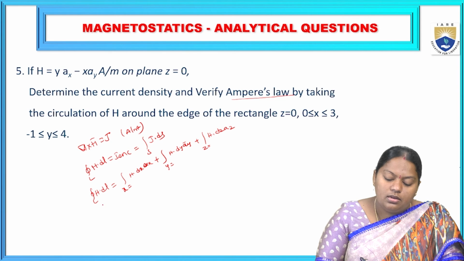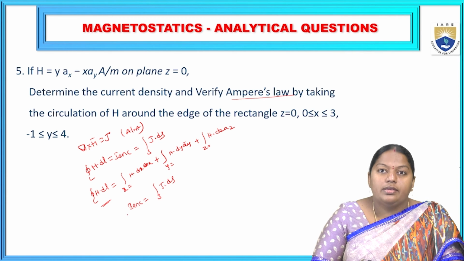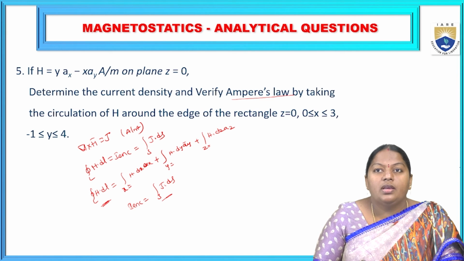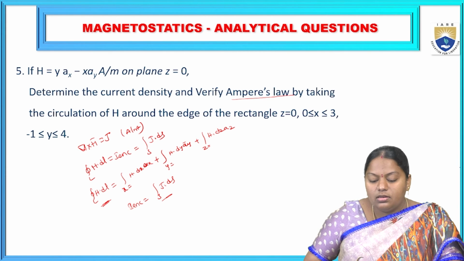And I enclosed is equal to the integral over S of J dot ds. Whatever values you get here and here must be the same. If these two are the same, then Ampere's circuital law is verified. Otherwise, it doesn't satisfy.